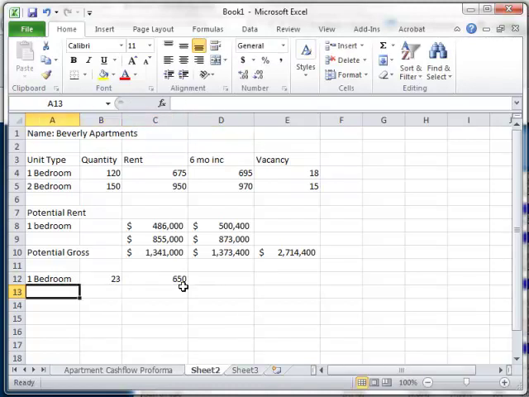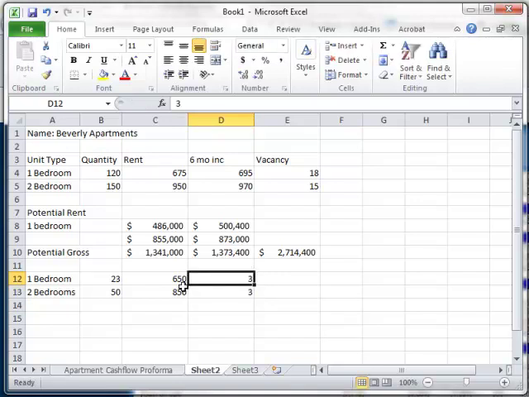And in our two bedrooms, let's say that I've got a full 50 units that we were running a special on maybe a year ago, and we had them rented out for $850. And let's say in both of these cases it is for 3 months.